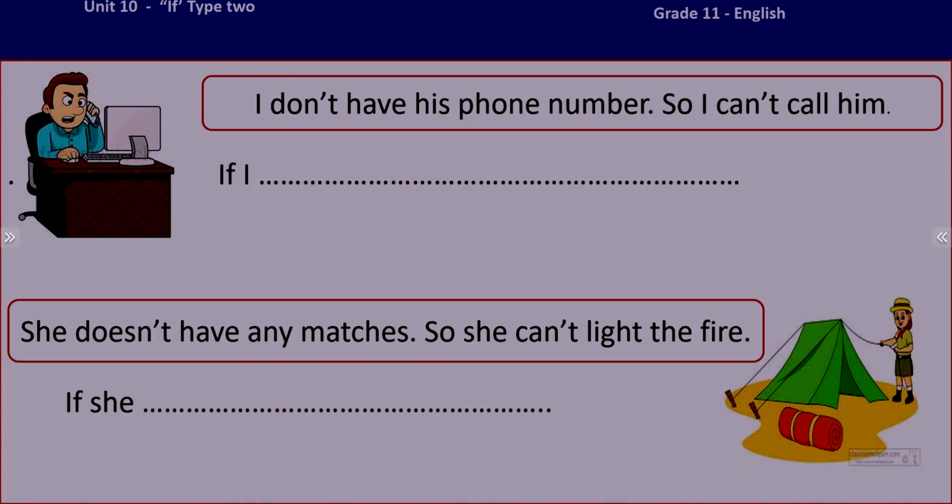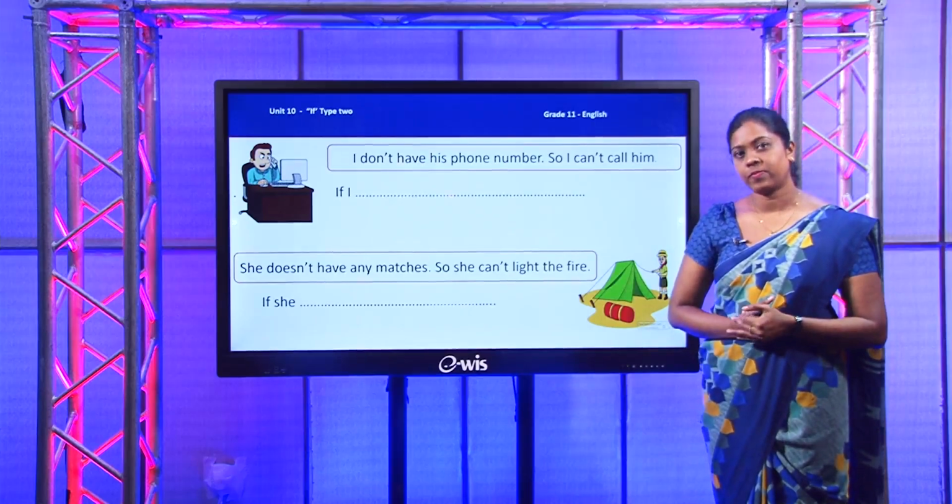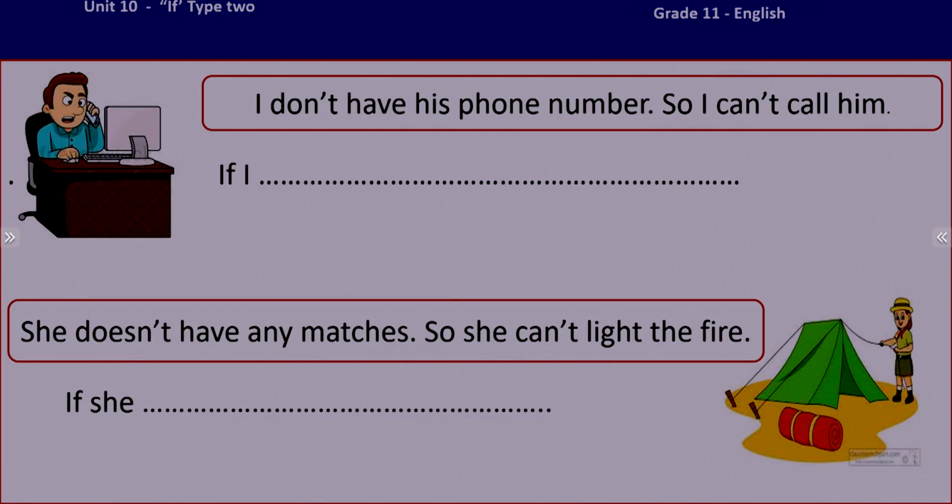If I think about it, I don't have the phone number, so I can't call him. If I think about it, remember the tenses and complete your sentences. And the second one down here, she doesn't have any matches, so she can't light the fire. So that also starts with if she.